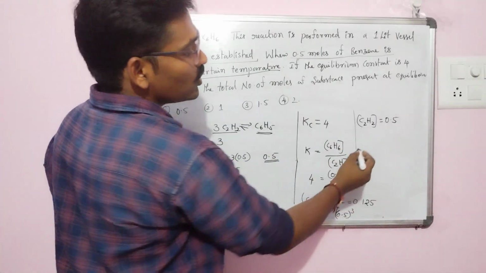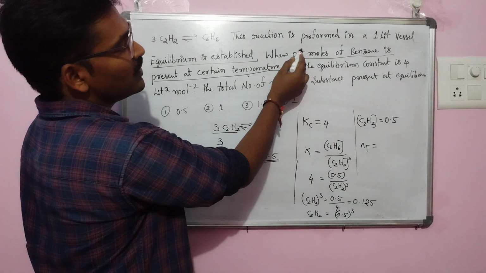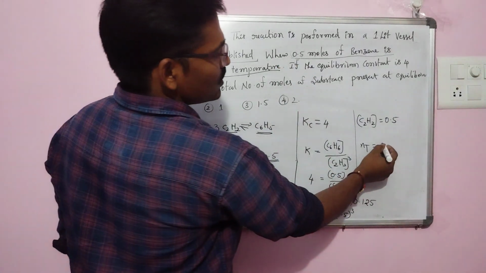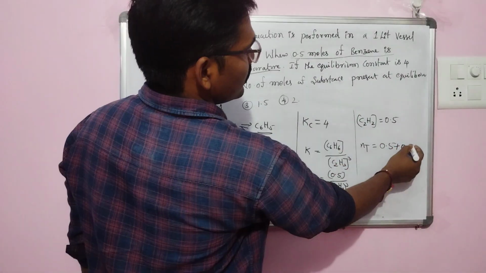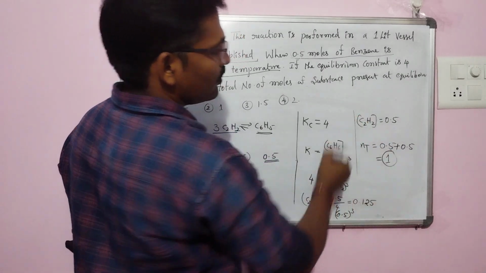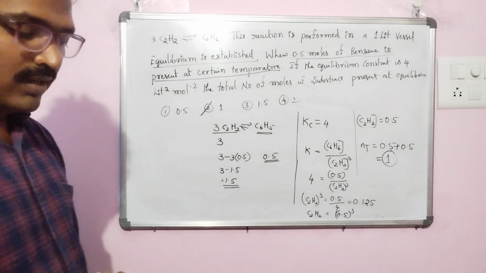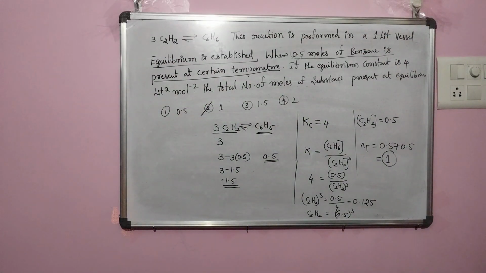Then they are asking the total number of moles. Total number of moles equals benzene, already mentioned 0.5, plus acetylene, whose concentration we also got as 0.5. So 0.5 plus 0.5, 1 is the total number of moles. Understand? Yes, I hope you understand. Then note it. We will discuss the next question.